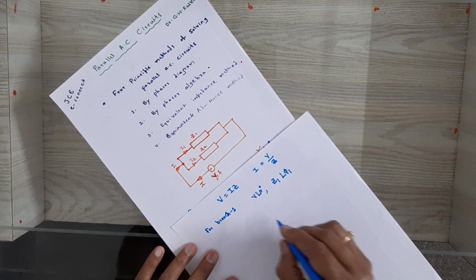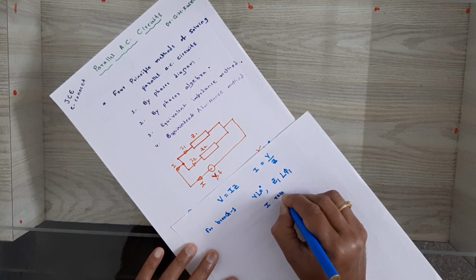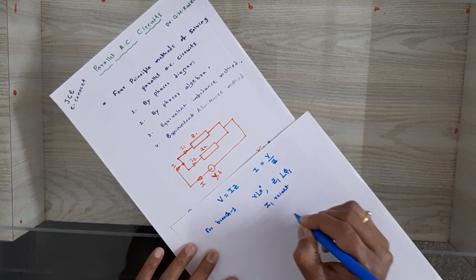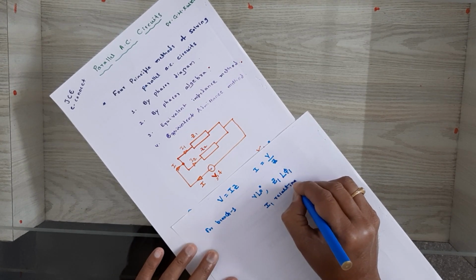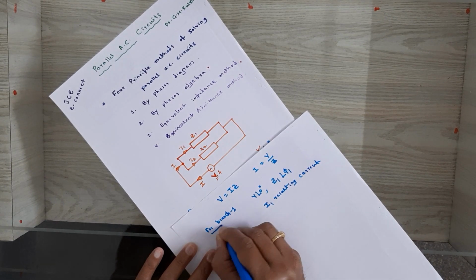Then I1 is the resulting current in branch 1.